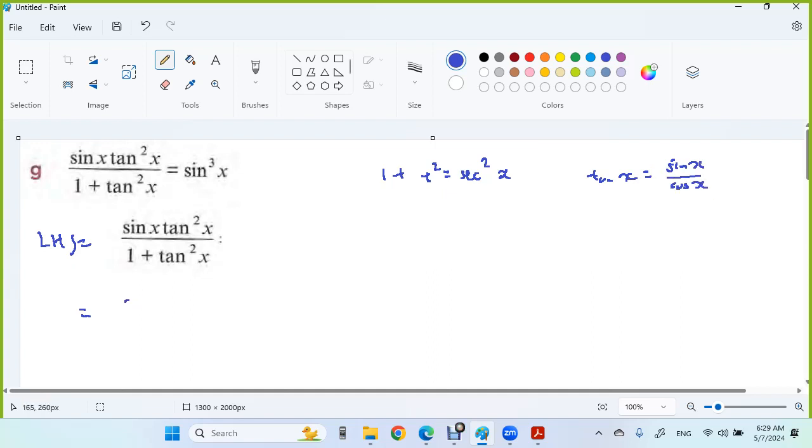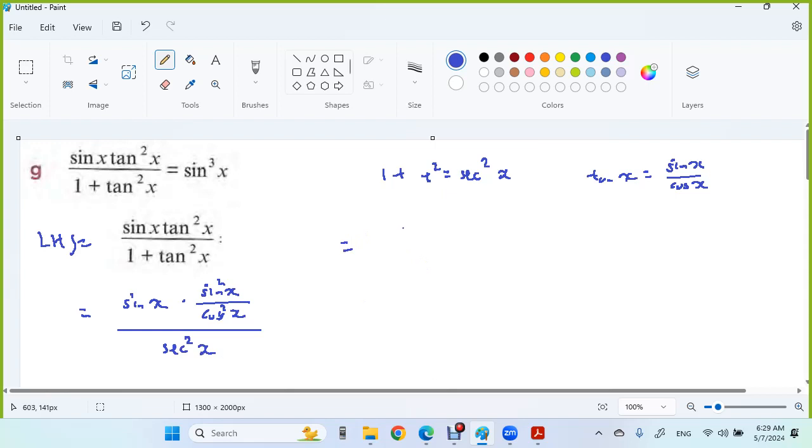So this one will be the sine x multiplied with the sine square over cos square, and this will be the secant square x.